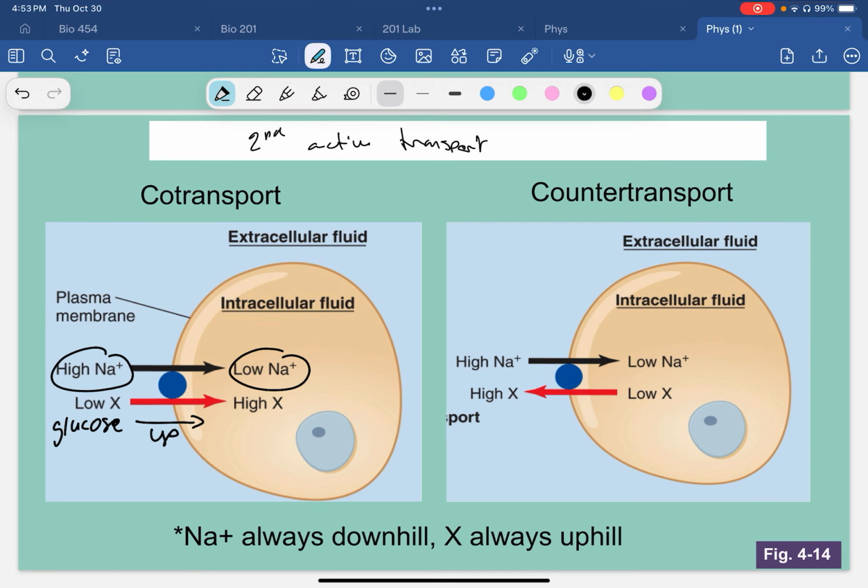Normally it would need ATP, but it uses basically momentum from sodium, because sodium flows so easily down that gradient. It could either be cotransport, where it flows together, or countertransport, where it flows opposite.